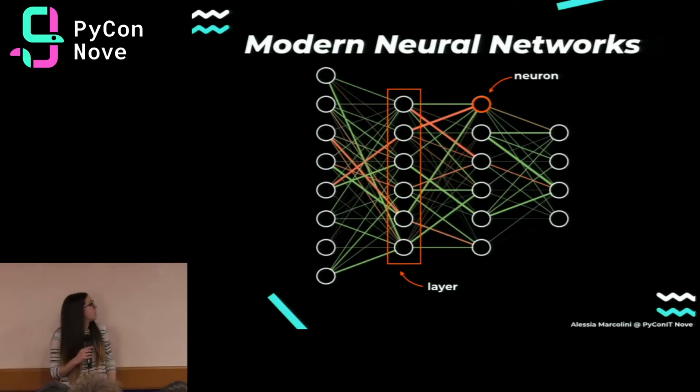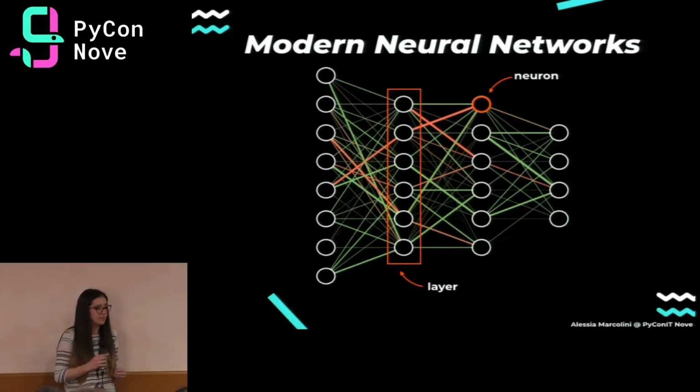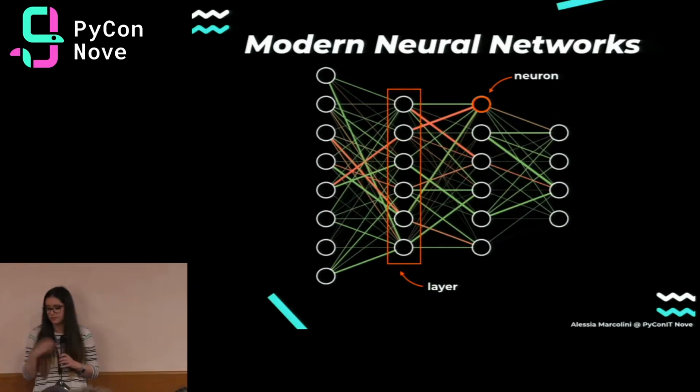Each neuron computes an output, or activation, and the data passes through the network layer by layer until it reaches the last layer, and the activations of the last layer are the actual predictions that the network makes.